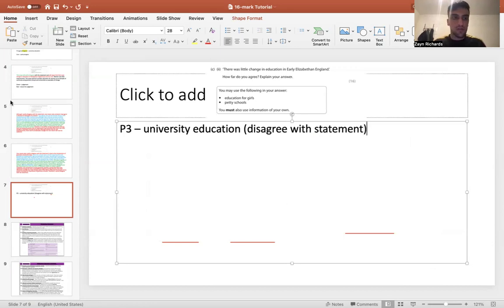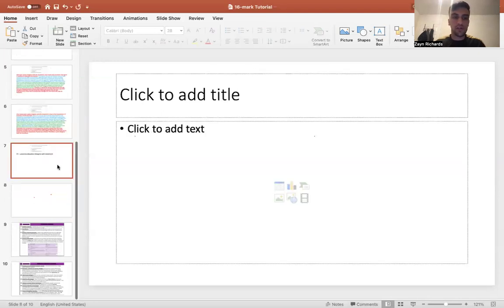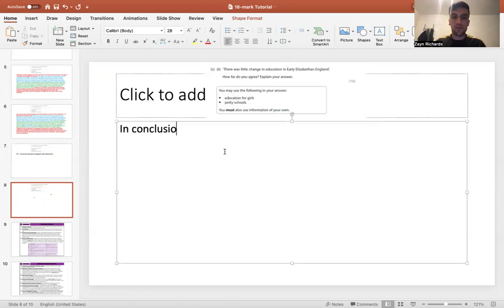Okay, right. So now I'm going to write the conclusion so you can see what a conclusion looks like. Don't complicate the conclusion. You're only on GCSE, so don't overcomplicate it. I'm going to say, in conclusion, I partly disagree with the statement. And then I'm going to really quickly recap all my paragraphs.